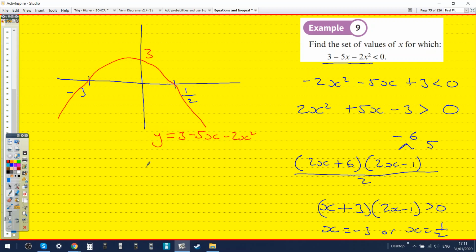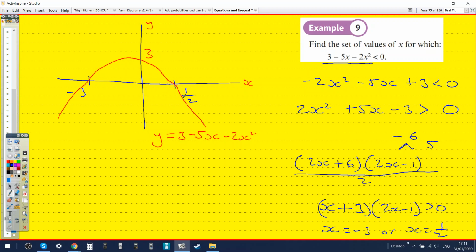So where on the graph is the y coordinate less than 0? Below the x-axis. Yes. And how could you describe that in terms of x? When x is minus 3 or a half. So that's when it's equal to 0.